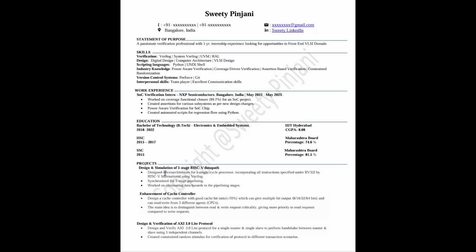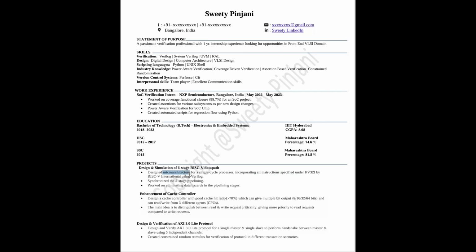Now, what this person did, they designed a micro architecture for a single cycle processor, incorporating all instructions specified. There is a document which they took as reference in which the instructions were specified, and they used that document for RISC-V, and they created it using Verilog. Now here also you see there are keywords.